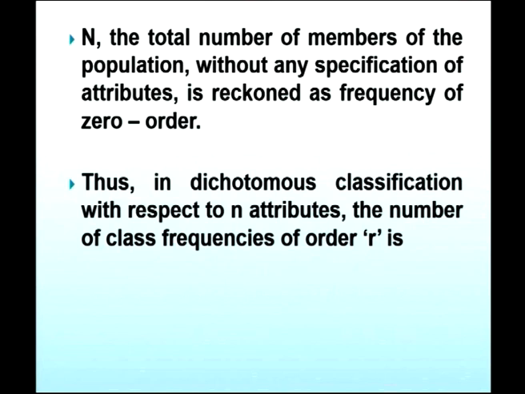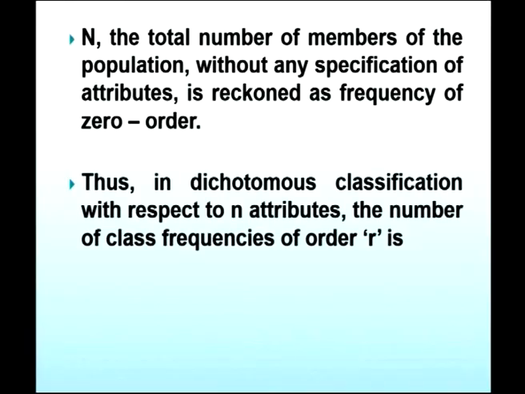Now, capital N, the total number of objects or the total number of members of the population considered without any specification of attributes. We are studying the members of the population, so N represents the total number of members. We are not bothered about whether the members have the attribute or not, non-possession of the attribute.